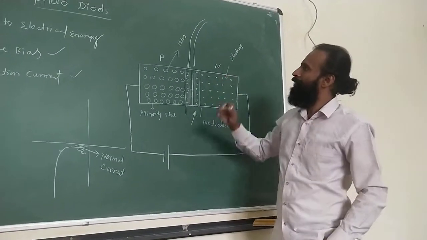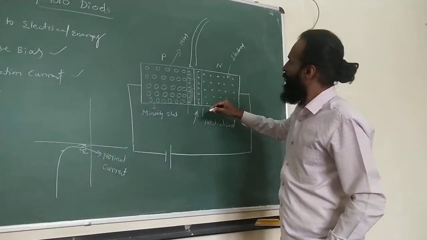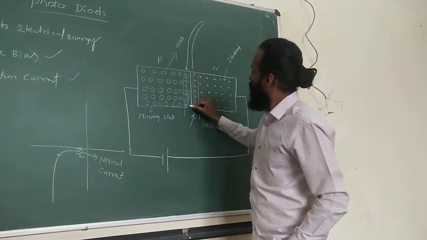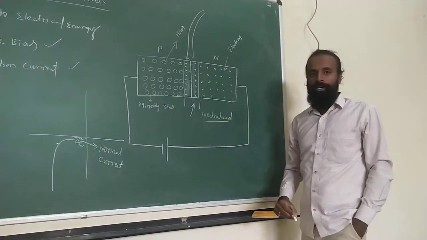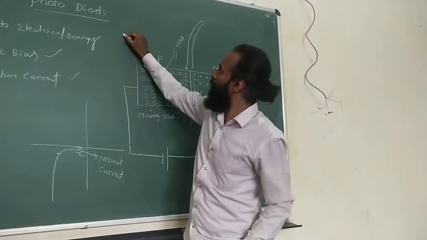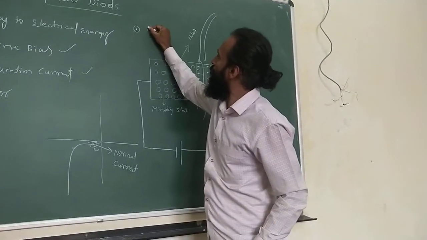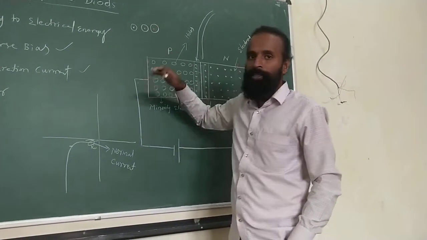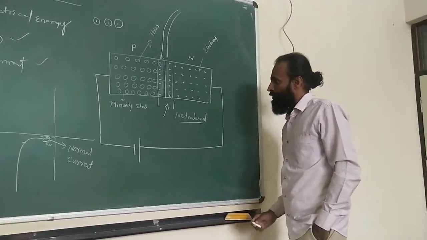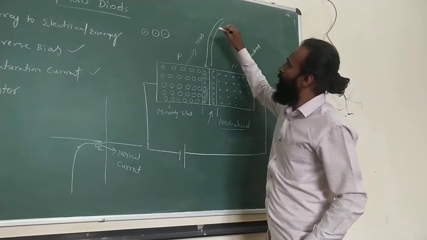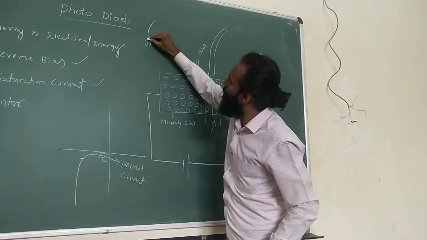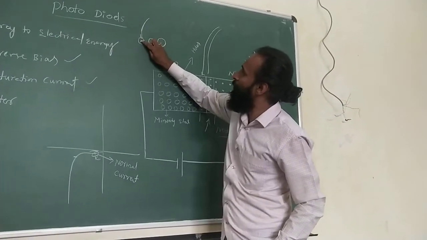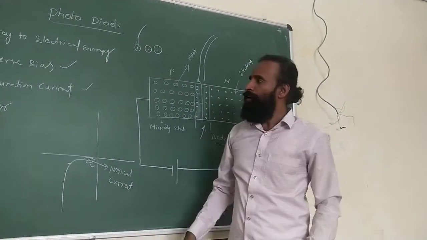It is incident on the neutralized atoms, each a combined electron and hole. Once light is incident on that atom, the electrons will be excited out of the atom.